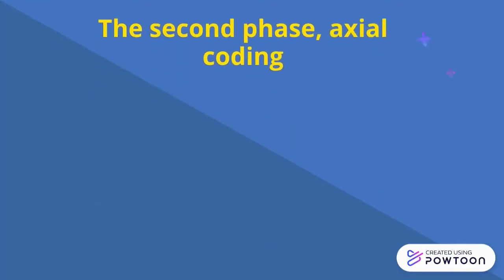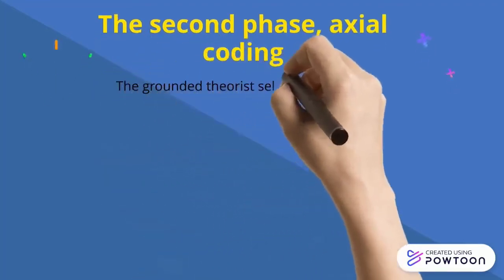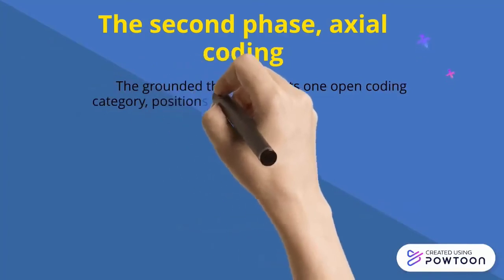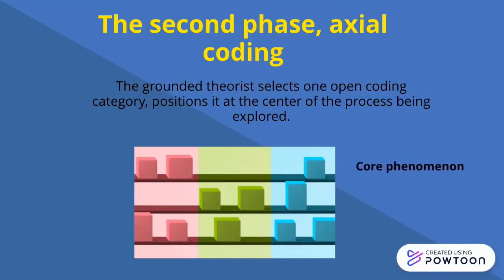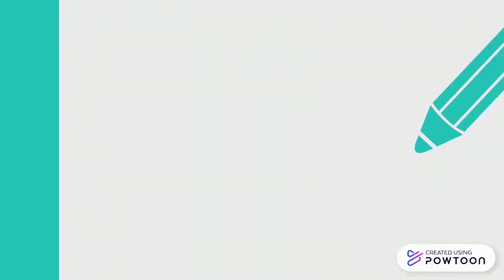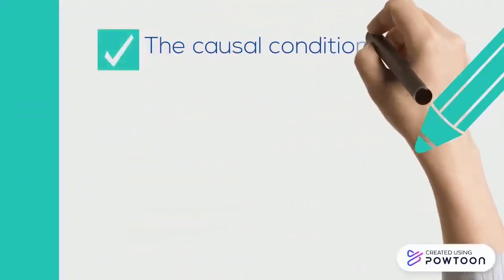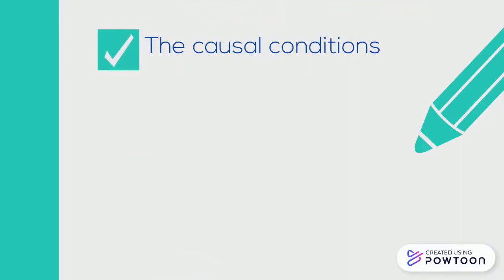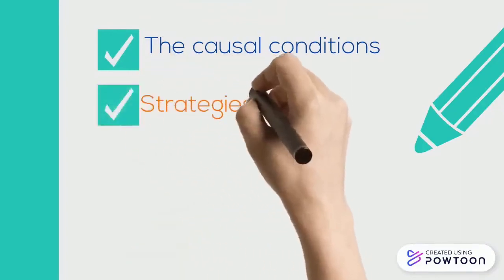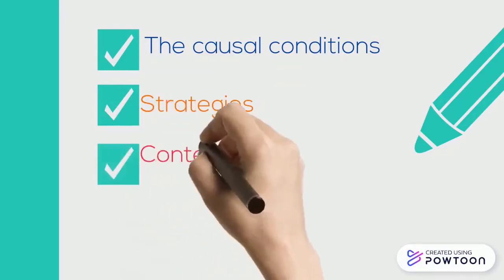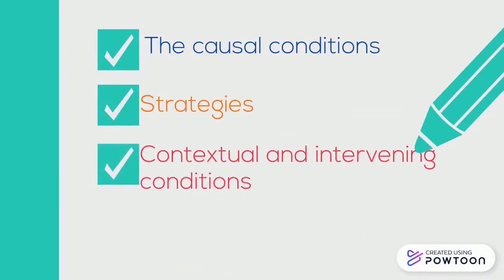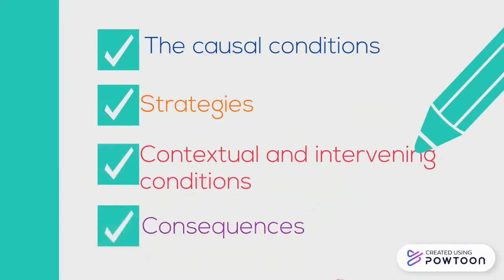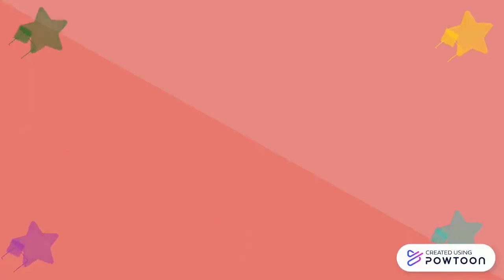In the second phase, axial coding, the grounded theorist selects one open coding category, positions it at the center of the process being explored as the core phenomenon, and then relates other categories to it. These other categories are the causal conditions, factors that influence the core phenomenon; strategies, actions taken in response to the core phenomenon; contextual and intervening conditions, specific and general situational factors that influence the strategies; and consequences, outcomes for using the strategies.